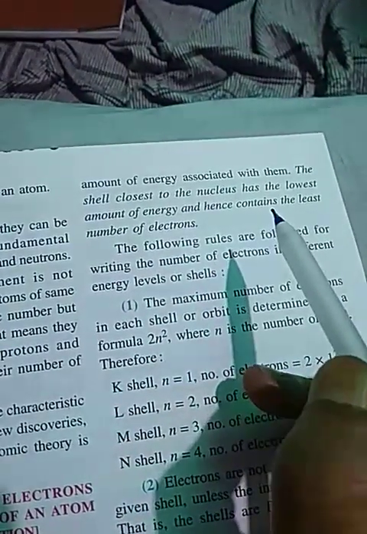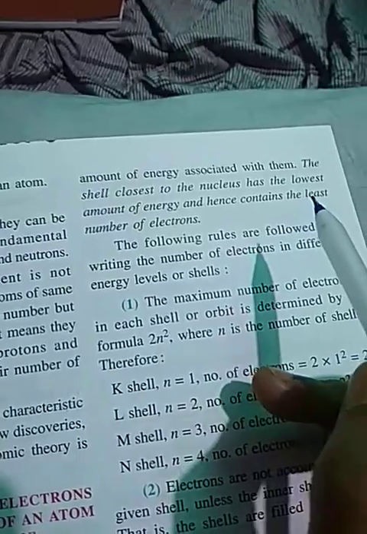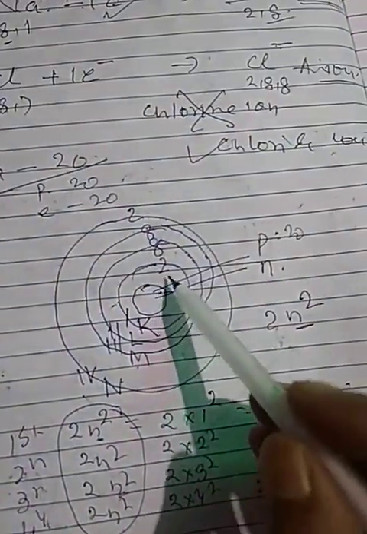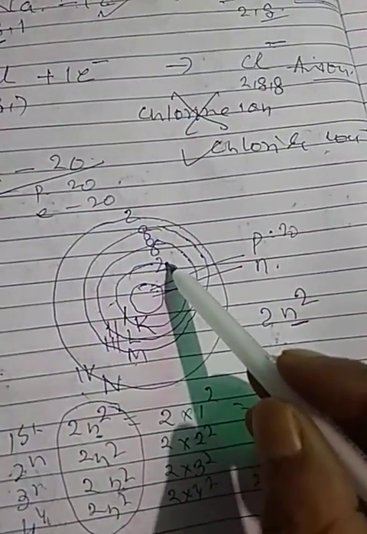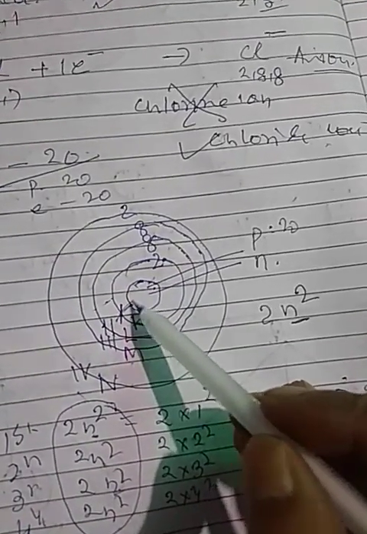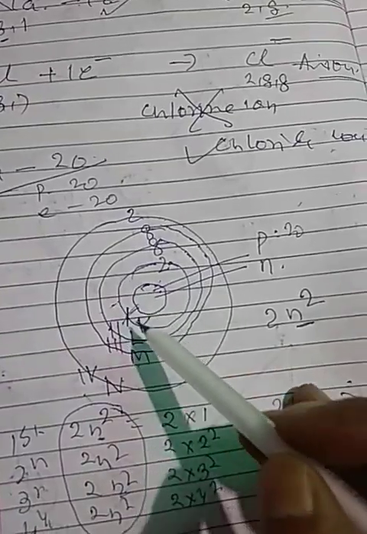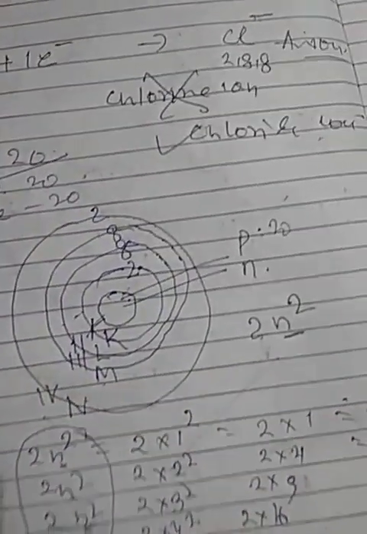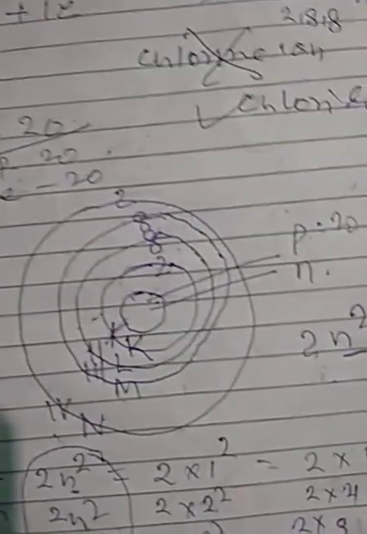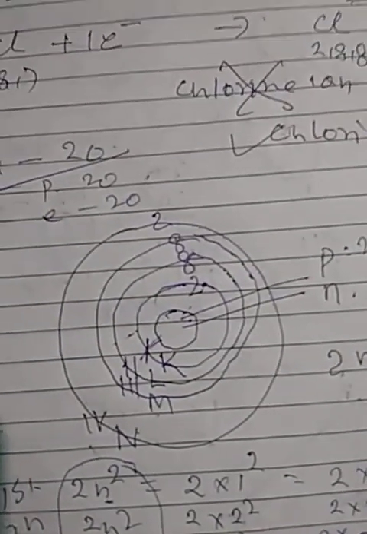Therefore, it will contain the lowest number of electrons. This first cell is close to the nucleus. It is smaller in size. It will have the lowest energy. Therefore, it will contain the least number of electrons.